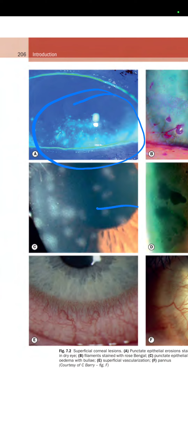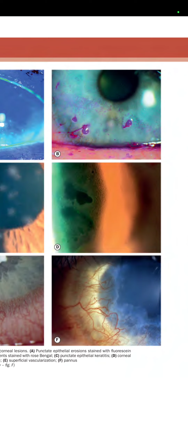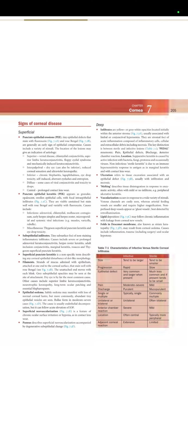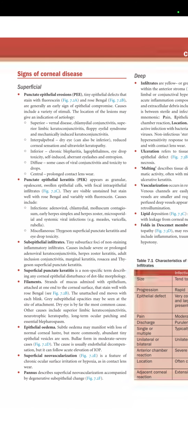You can see that punctate epithelial erosions are getting stained. In the next part, you can see the punctate epithelial erosions are getting stained by the rose bengal. These are generally early signs of epithelial compromise.